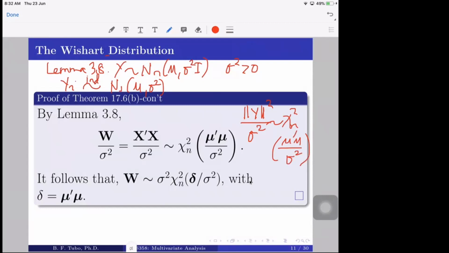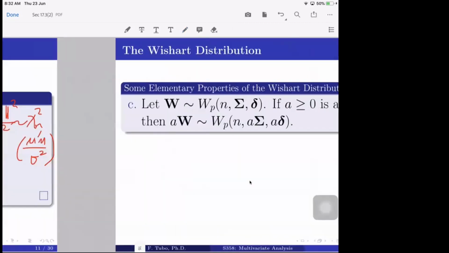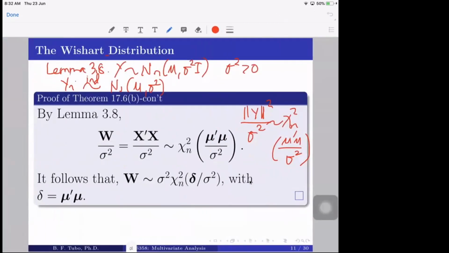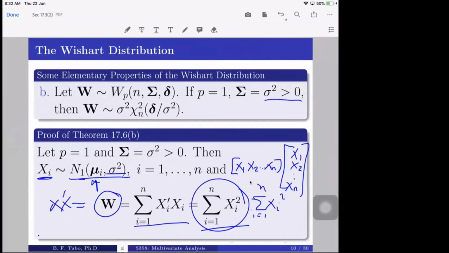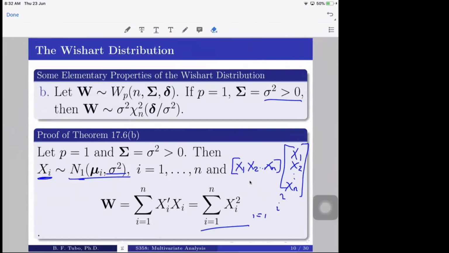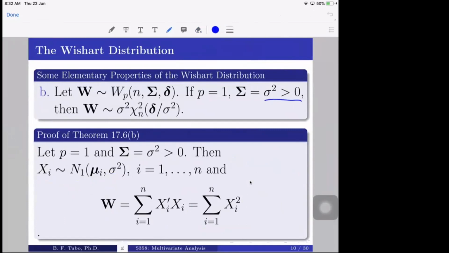Now, observe that we can use this lemma since the assumptions here are satisfied for this given scenario, no? So you have these assumptions here. You have this assumption, and then we know how we convert W from X, which are normally distributed also.